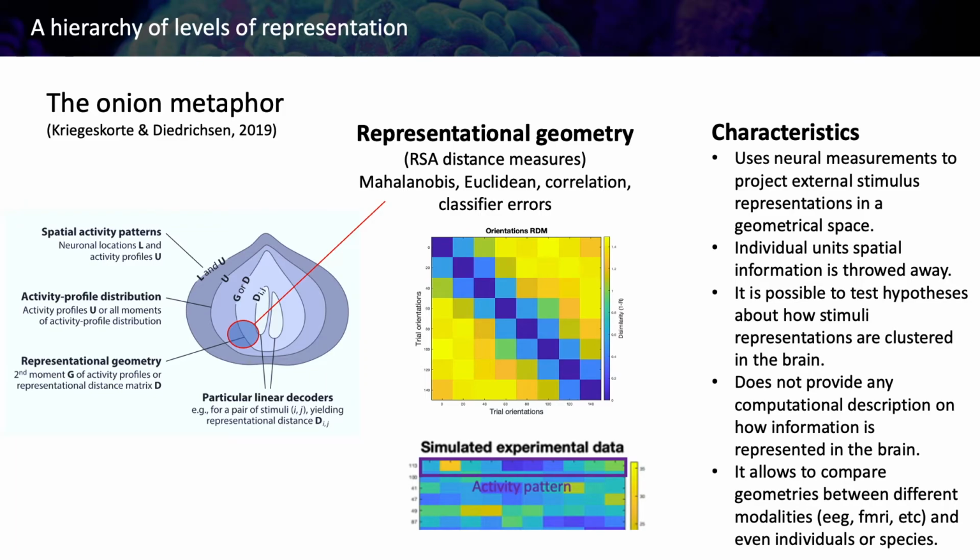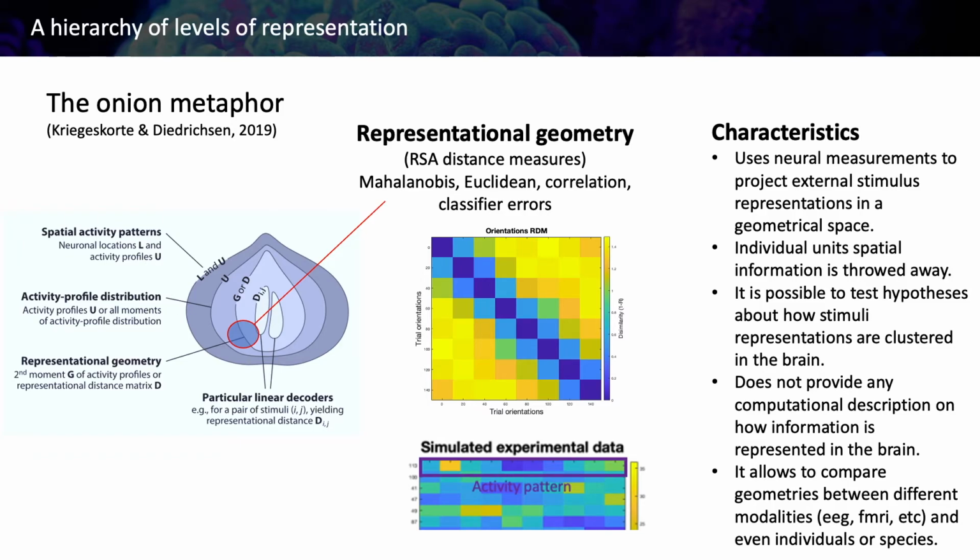You can search in the brain where these models apply and if they apply. But in the end, it doesn't provide any computational description of how information is represented in the brain. It's basically looking for similarity or dissimilarity.